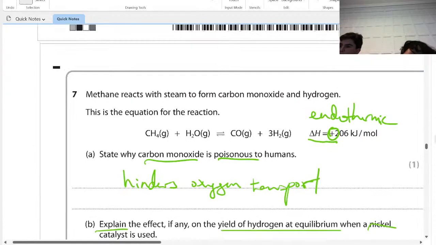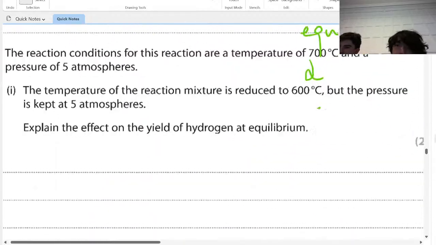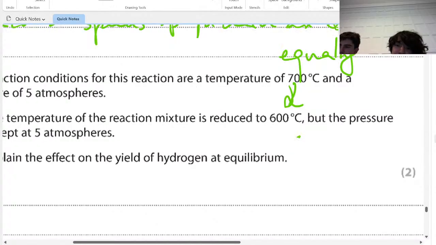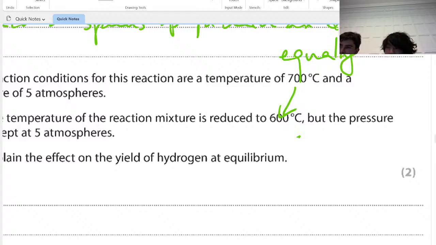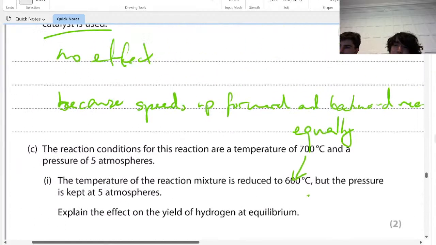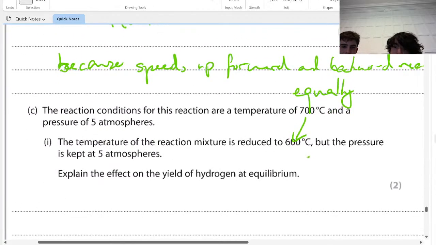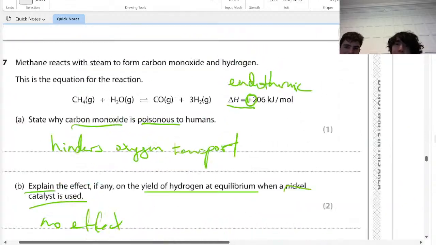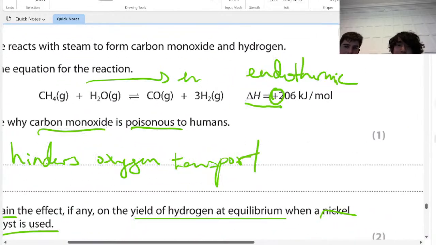If you're decreasing the temperature, the equilibrium wants to increase it back to counteract the change, so we go in the exothermic direction. Because the forward reaction is endothermic, the backward reaction is exothermic.